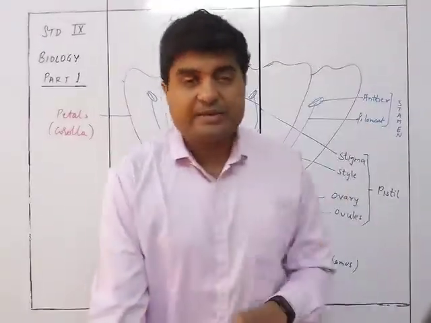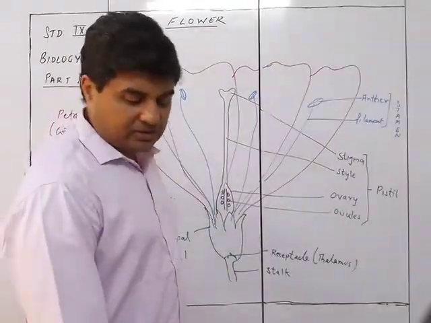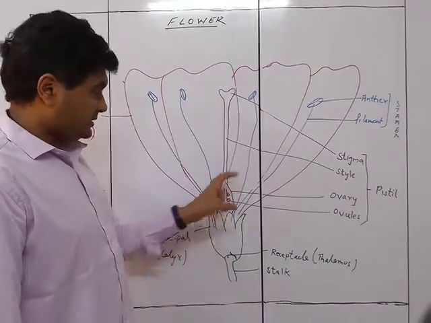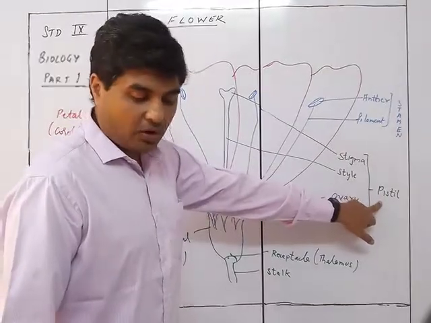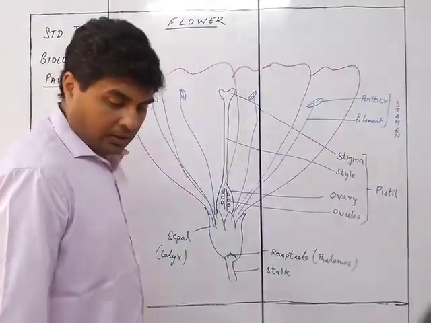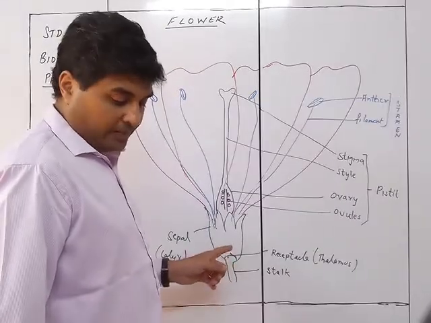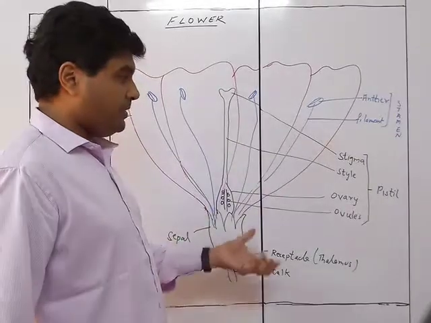The fourth whorl is the female part. The female centrally located pistil. This whole thing which is centrally located is called pistil, collectively called gynoecium. They may be formed by a single female unit, carpel, or of several fused carpels. So there may be just one carpel or maybe several carpels.